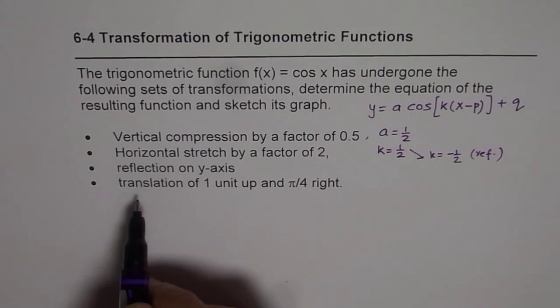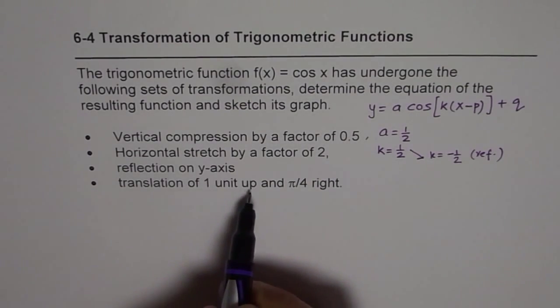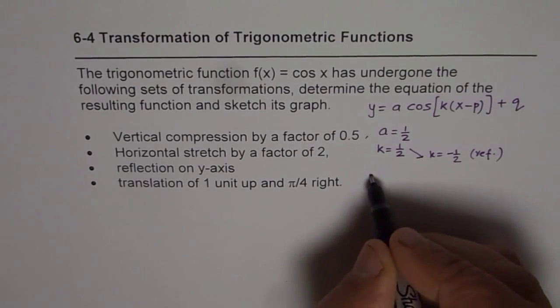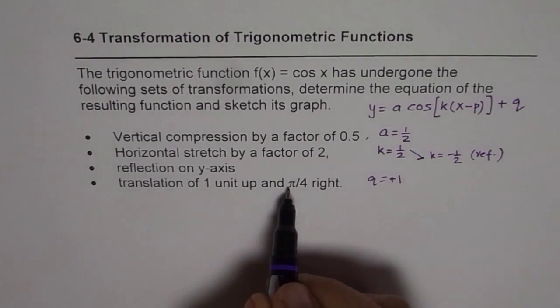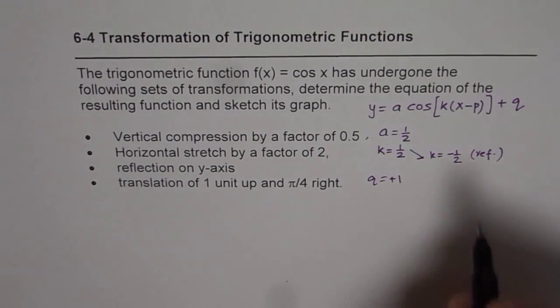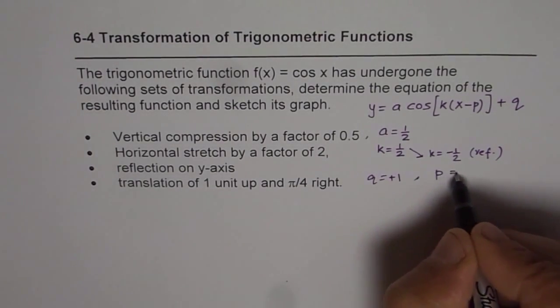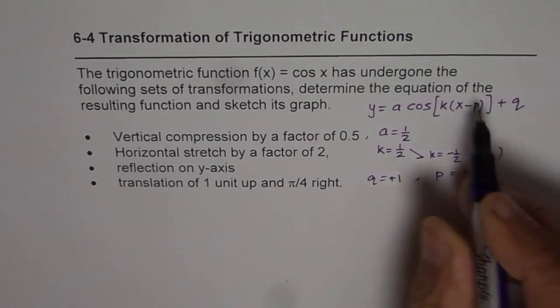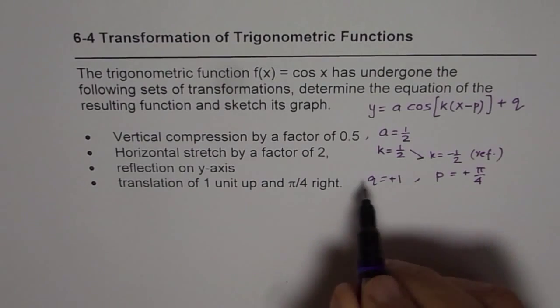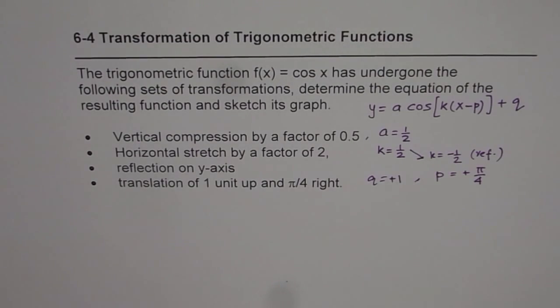on y-axis. Translated 1 unit up, that means q is equal to plus 1, and pi by 4 right, so that means p is plus pi by 4, right? So these are our parameters, and incorporating all these parameters we can write down our equation.